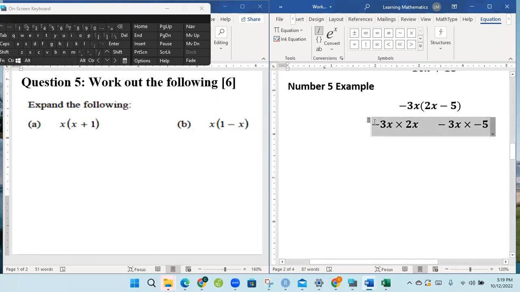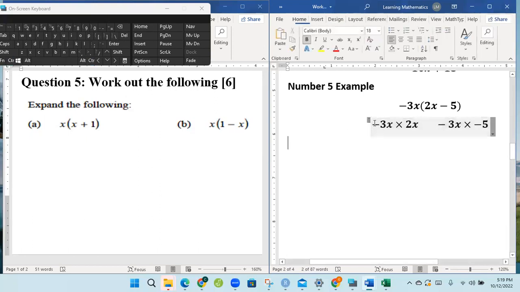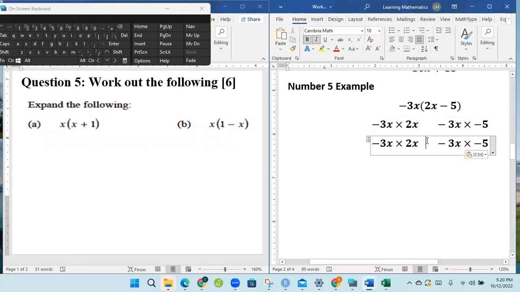You can even practice doing that. You don't normally see that happen, but this is legitimate. If you have a blank spot, you can put an and, which is a plus. But negative 3x times 2x and negative 3x times negative 5.